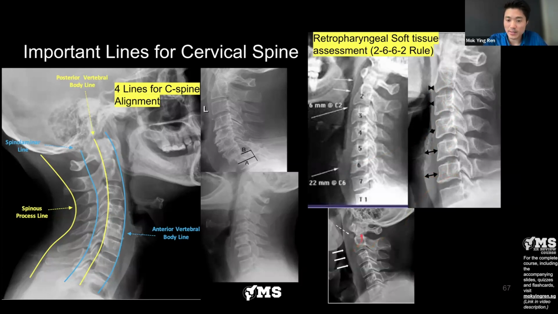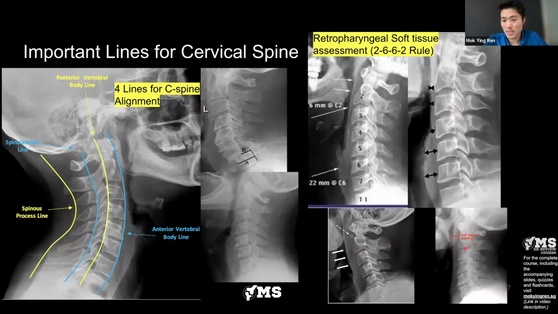You can see directly at the C2 level, there is retropharyngeal swelling, more than 6 mm, there is something abnormal here. How about this? Similarly, at C2, it is more than 6 mm. So there's abnormality. So remember to look at the soft tissue by the 2-6-6-2 rule to assess for retropharyngeal soft tissue swelling.